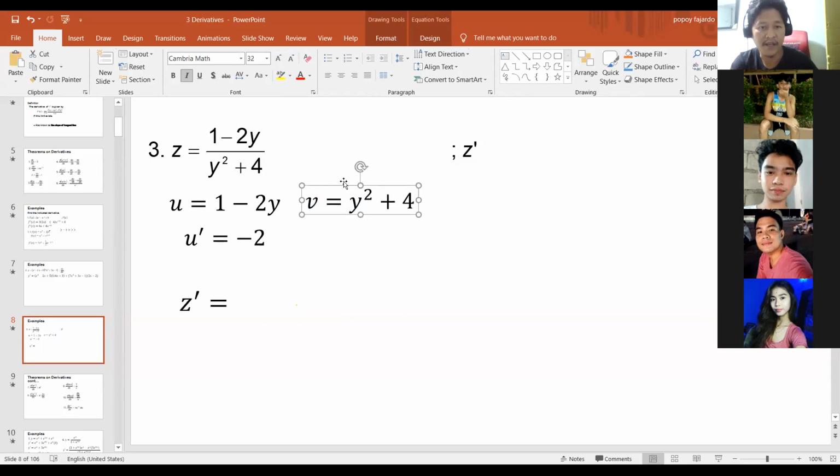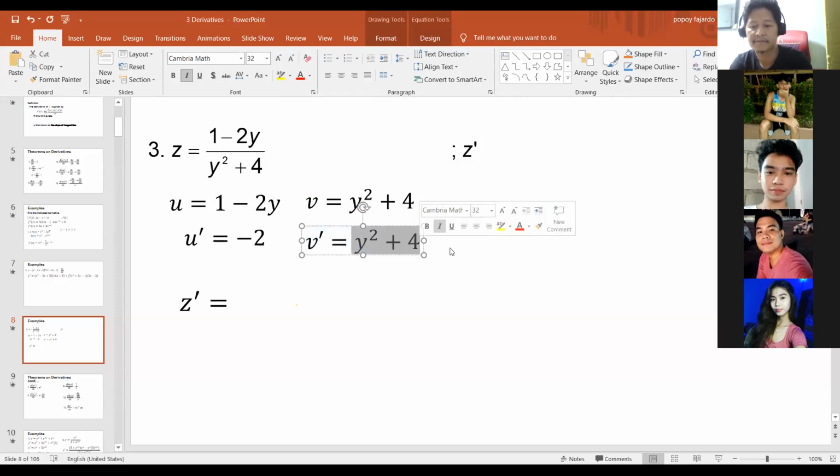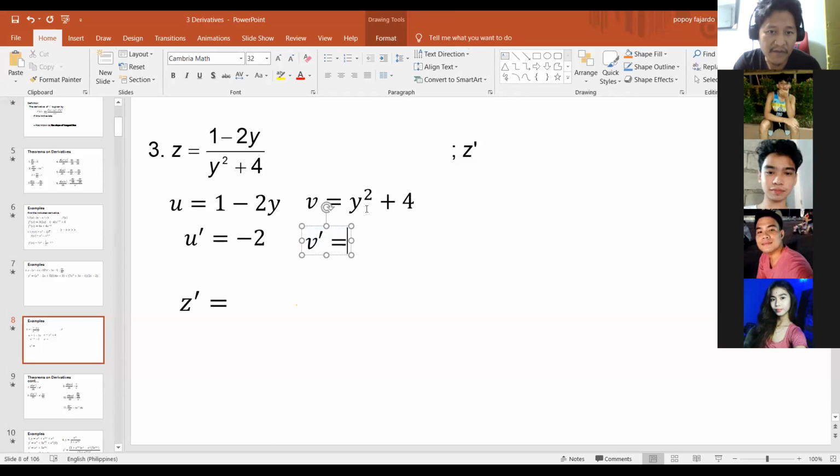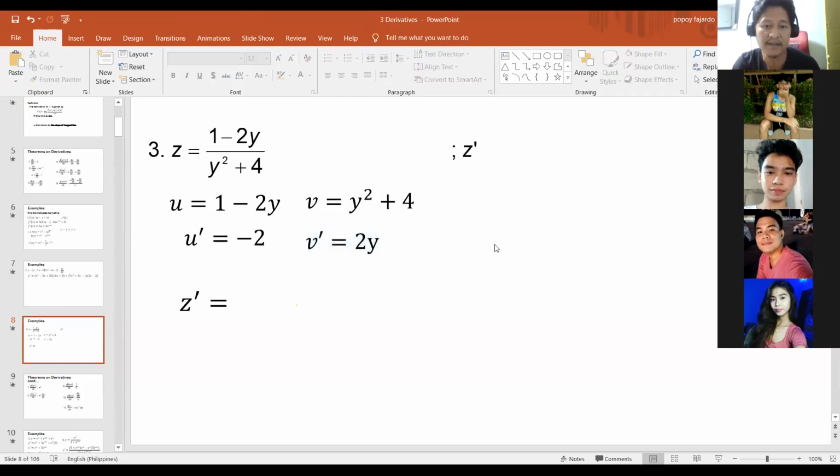Okay, and then we now get the derivative of v, we call it v prime. So ano yung magiging v prime? Derivative ng y squared will now be 2y, and the derivative of 4 will be 0, so v prime will be 2y.